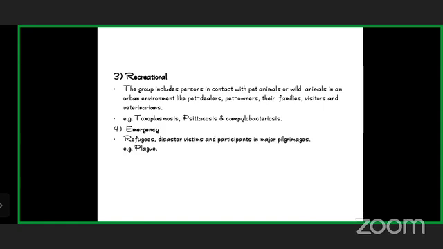So the people in and around these natural disasters, or who experienced these kinds of disasters, in those places there will be high chances of this particular disease called plague.